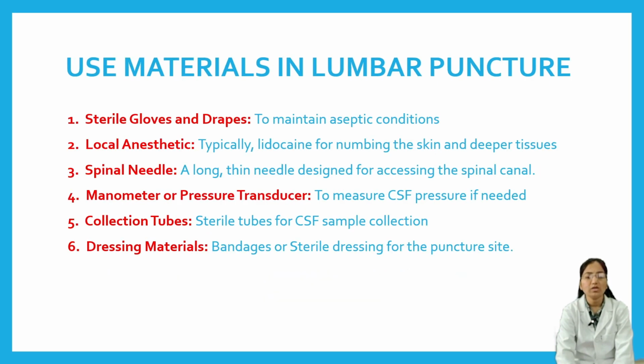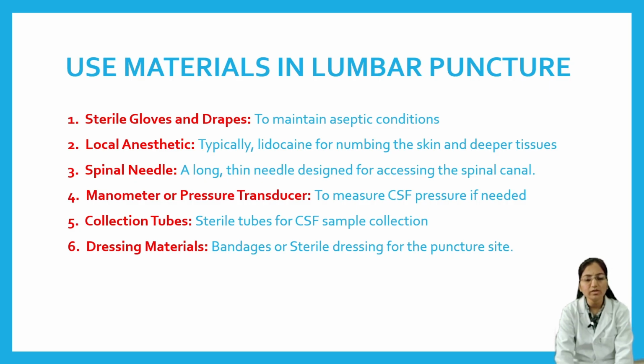Next, we'll see the materials used in lumbar puncture. What are all the materials they are going to use for the lumbar puncture? First one, sterile gloves and drapes to maintain aseptic condition, and then local anesthetic, typically lidocaine, for numbing the skin and deeper tissues. And then spinal needle, a long thin needle designed for accessing the spinal canal.